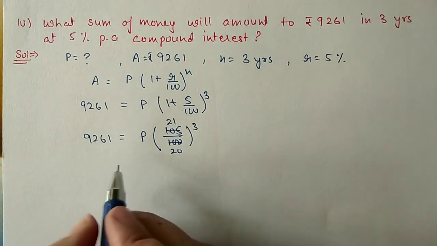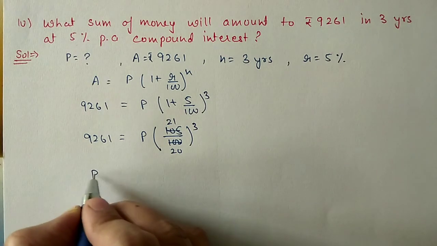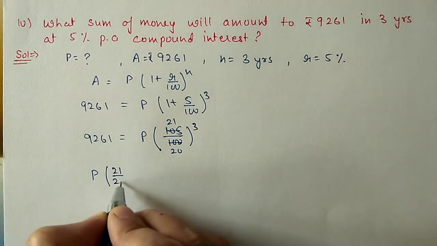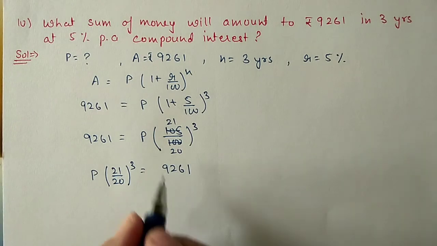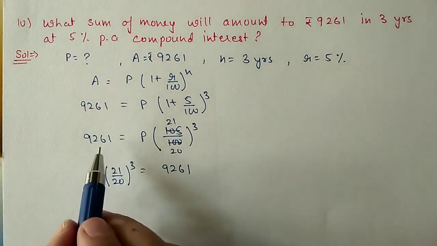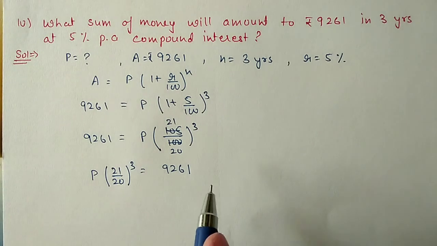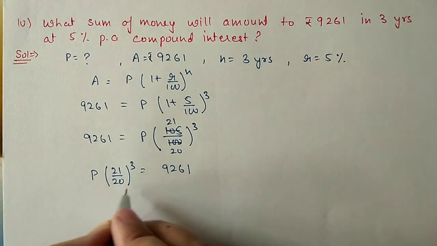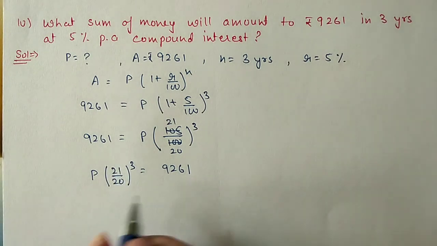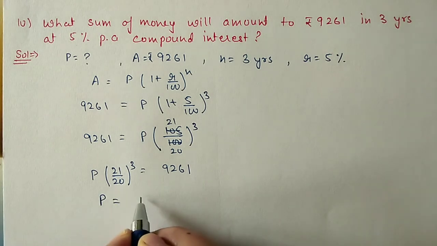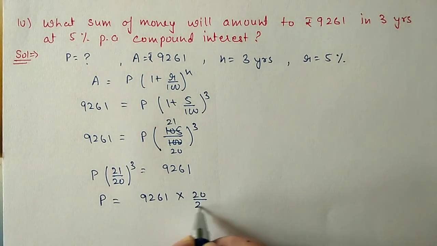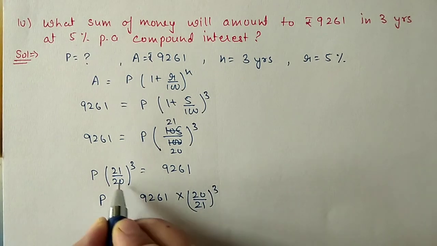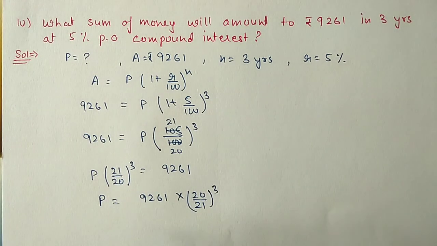We can cancel out with the 5 table, 5 times 21 and 5 times 20. Now we can interchange both sides. We can write P times 21 by 20 whole to the power 3 is equal to 9261. If you are interchanging both sides, then there is no need to change any symbol. Now this 21 by 20 whole to the power 3 will shift to the other side. We will get P is equal to 9261 into 20 by 21 to the power 3. Numerator and denominator will change.